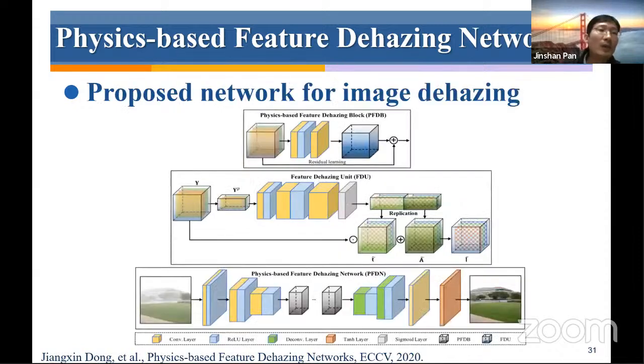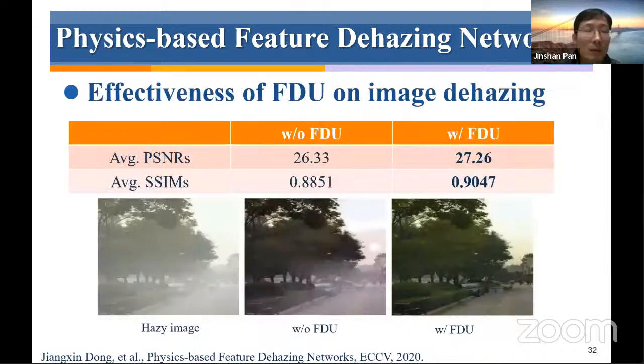And finally, we embed the feature dehazing unit into a deep convolutional neural network with an encoder and decoder network architecture to solve the image dehazing problem. And we also demonstrate the effectiveness of the proposed feature dehazing unit. And we can see that using the proposed feature dehazing unit is able to help image dehazing.